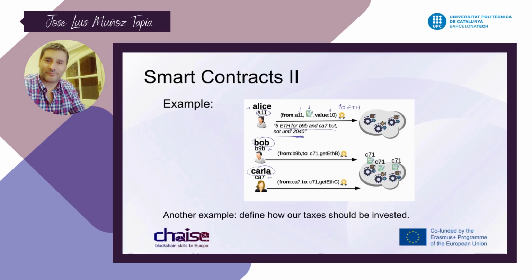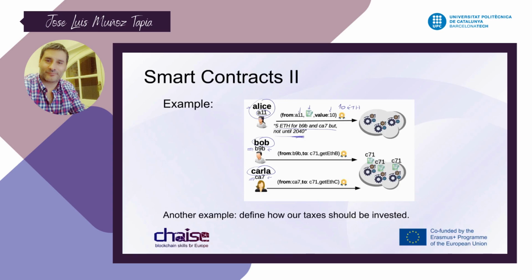We can even make this a little bit more complex and say, not until 2040, and for example, Bob needs to send a transaction, and Carla also needs to send a transaction to the network, so that they receive 5 ethers each. So Alice deploys a smart contract with this logic.